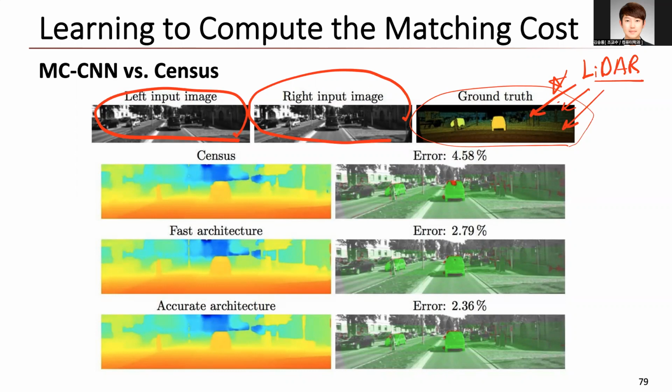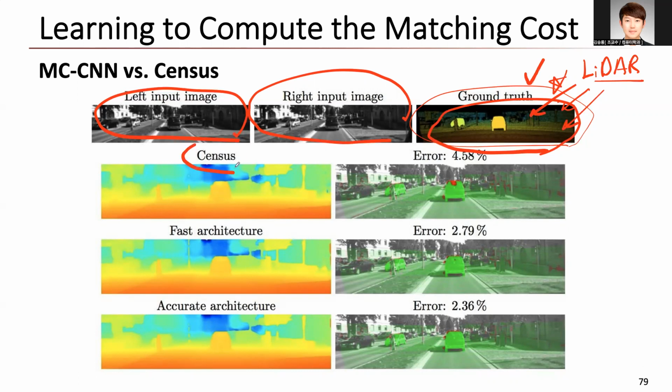So in deep learning, we use this sparse depth to train the dense correspondence network. And we evaluate the dense correspondence network, the stereo matching network, on sparsely annotated samples, because there's no way to generate real dense 3D information.